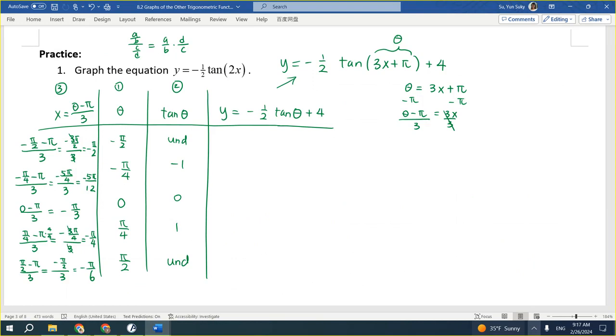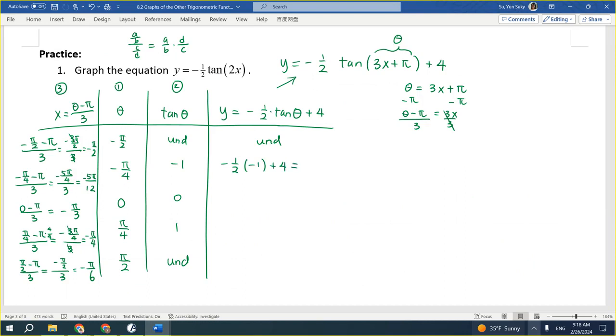Okay, and now we figure out the y column. For the y, we plug in the tangent theta. Do you see this is undefined? If you try to plug in undefined, what do you get? Undefined, you don't get a number. So this is undefined. And then when we plug in negative 1, the tangent theta is replaced by negative 1, in negative 1/2 tangent theta plus 4.